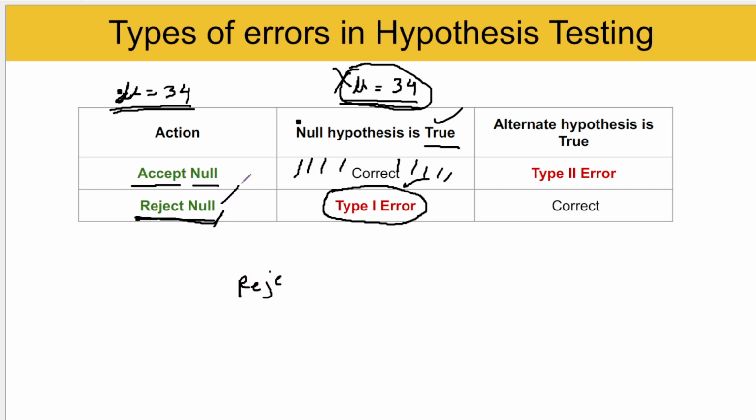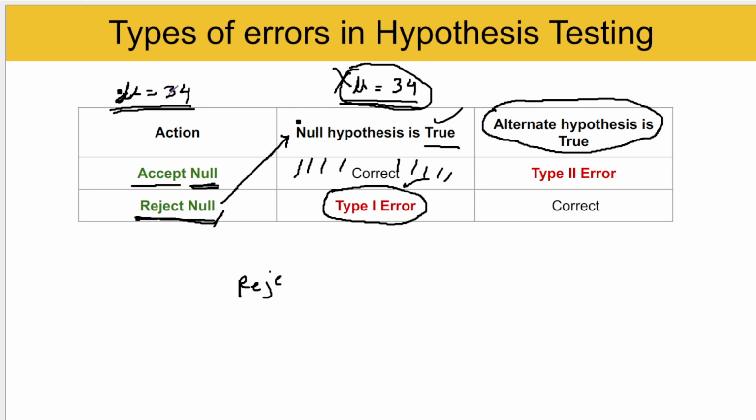Rejecting the null when it is true. Got my point? Alternatively, a type 2 error is when the alternate hypothesis is true, but we accept the null.